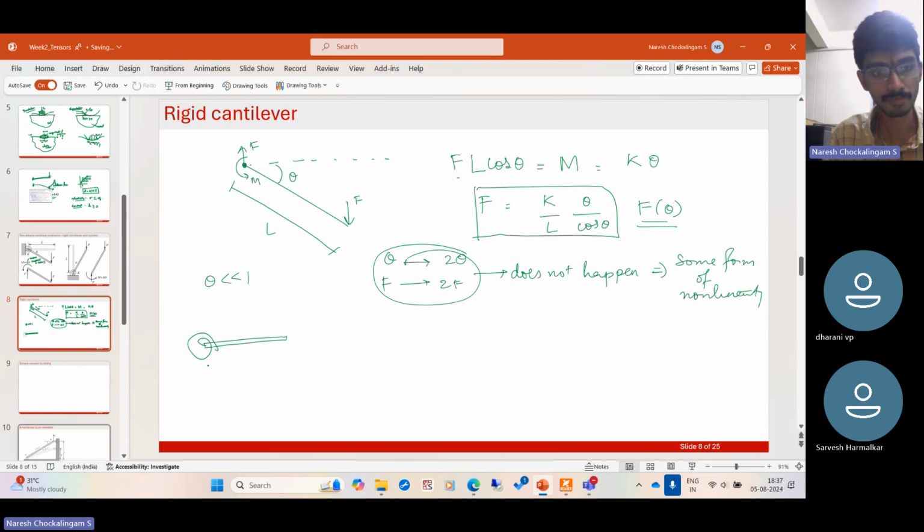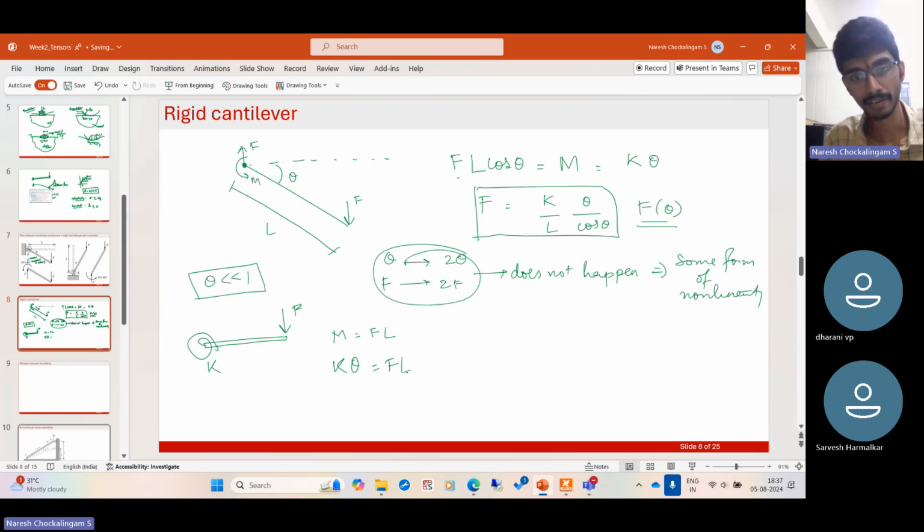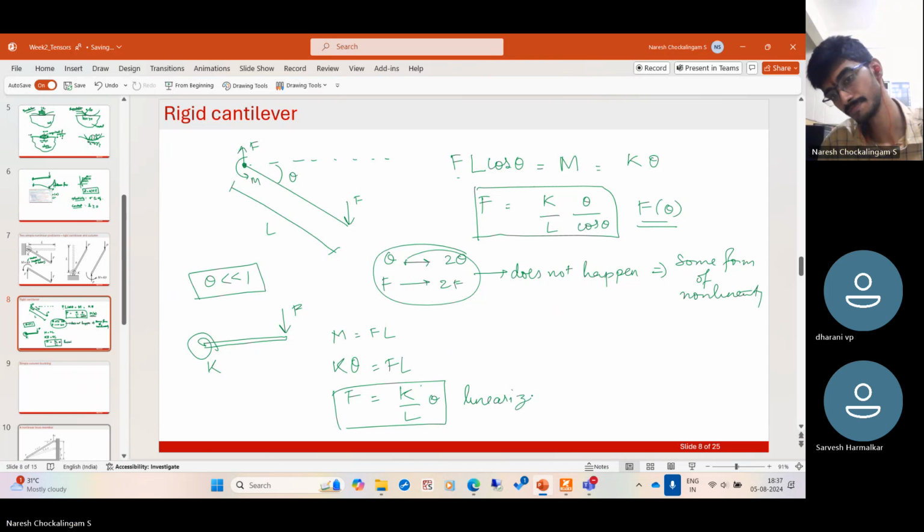If you assume there is a spring of constant k, you are applying a force F, and you assume the deflections and the rotation are very small, you will get M is equal to FL. But M is equal to k theta. So k theta is equal to FL, which means F is equal to k by L theta. So this is the linearized relationship.